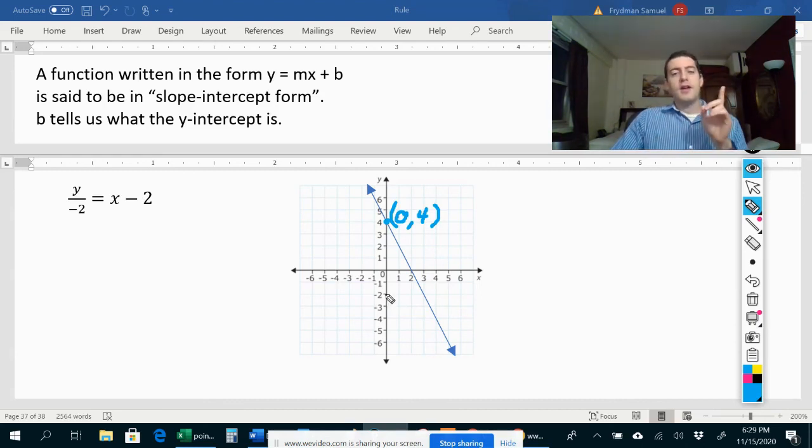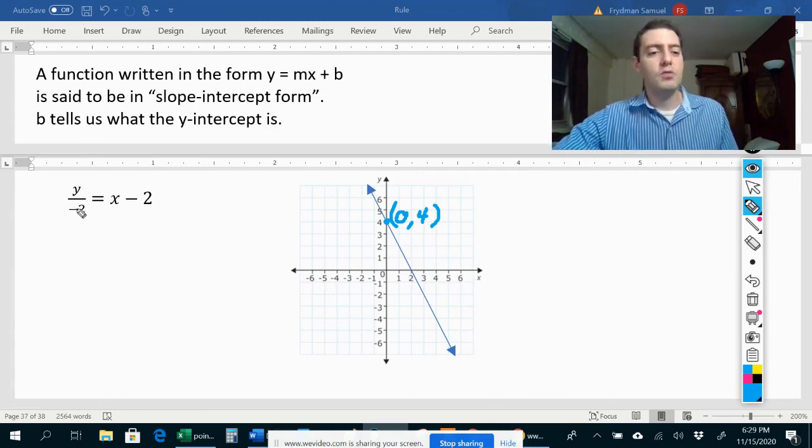No. And the reason is that this is not in this form yet. I have this -2 over here, which the y is being divided by right now. So to really get this equation into this form, I have to fiddle around with it a little bit. So I want to get rid of that -2 so the y is all by itself.